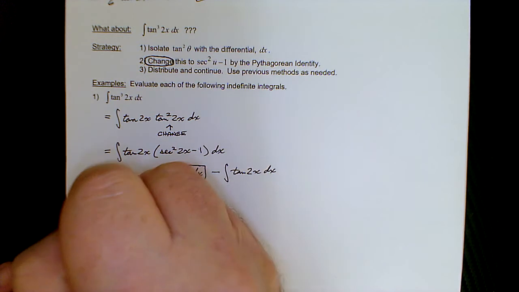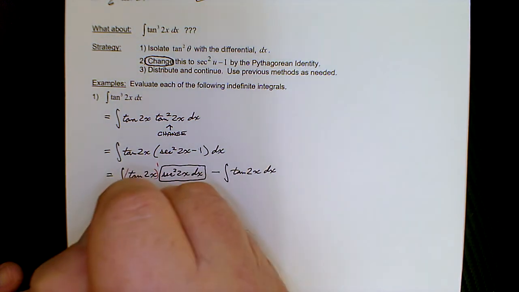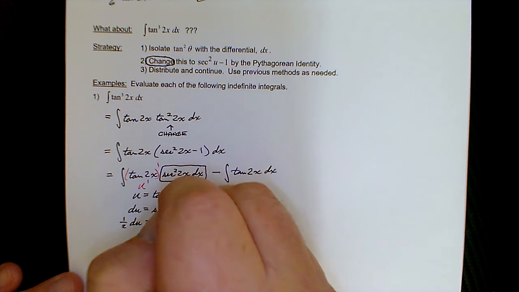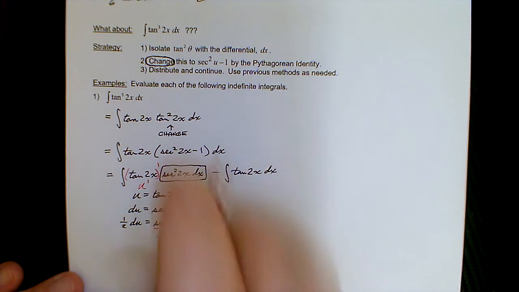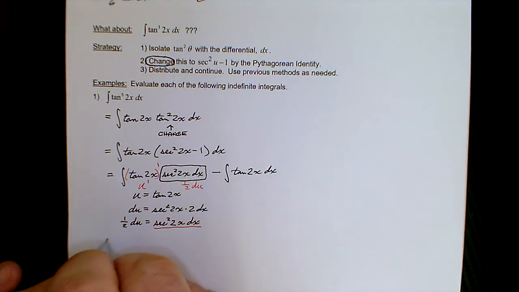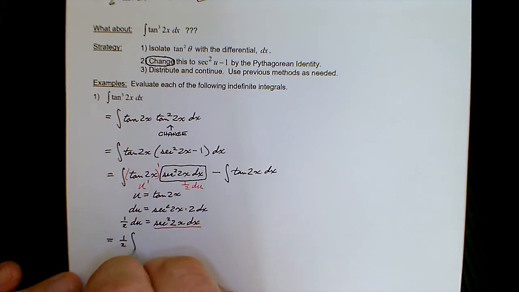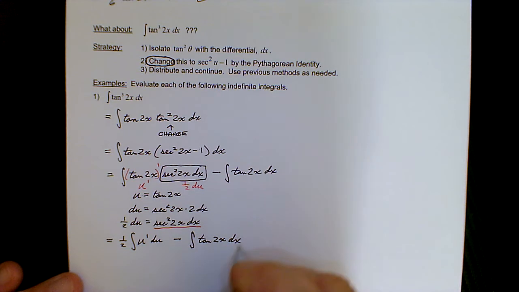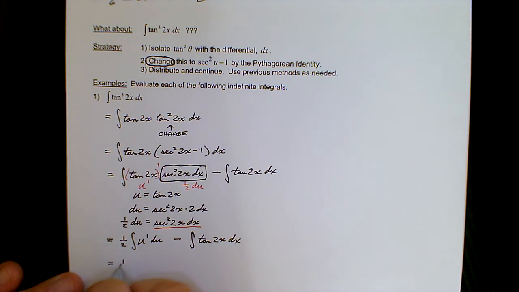This tangent of 2x, you can consider it to the first power, so that'll be u to the first, and then the secant squared 2x dx makes up 1/2 du. So that change of variables gives us 1/2 integral u to the first with respect to u. And then let's not forget this integral here, the minus integral of tangent of 2x, which is readily integrable by the previous formula.